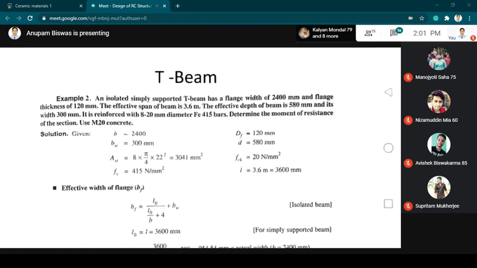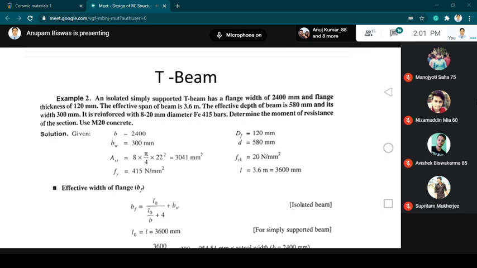It is over-reinforced. Since we have considered the neutral axis falling in the flange, you will see that the value of XU is coming more than the depth of flange. So the assumption will be wrong.